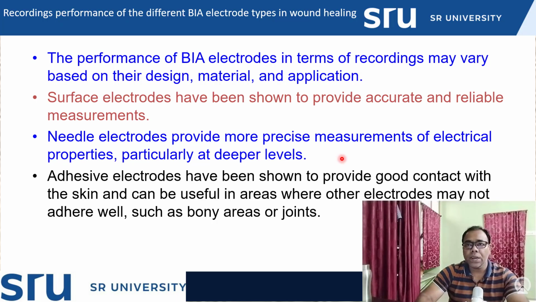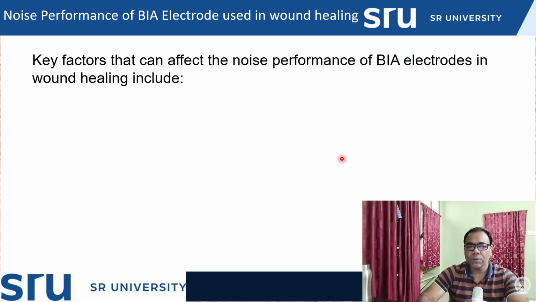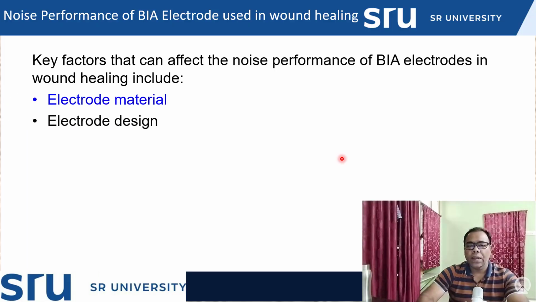Similarly, what are the noise performance factors of the BI electrode in the wound healing process? These are the key factors that will affect the noise performance of the BI electrode in wound healing: electrical materials and electrode design.